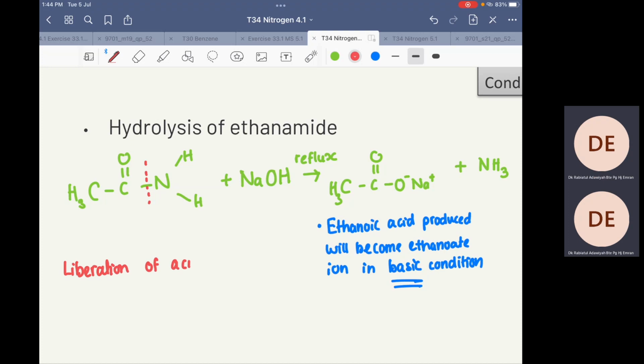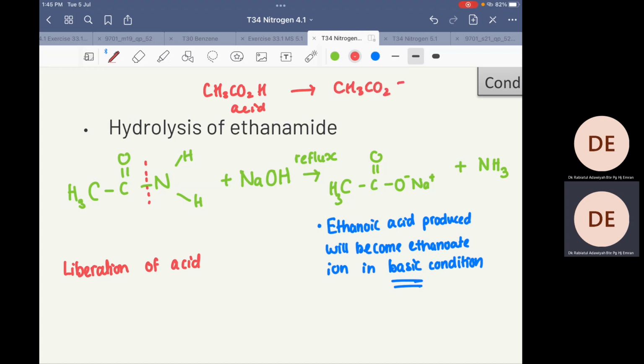So if ethanoic acid is an acid, the ethanoate ion will be a conjugate base. Agree? Yeah? So this ethanoate ion, a conjugate base, will react with acid.